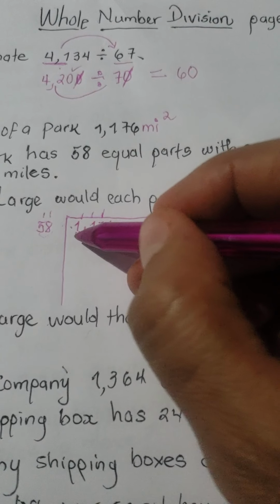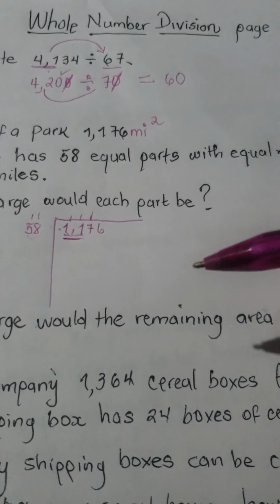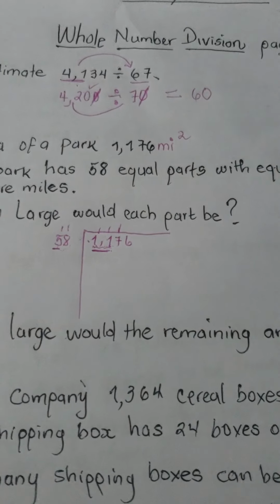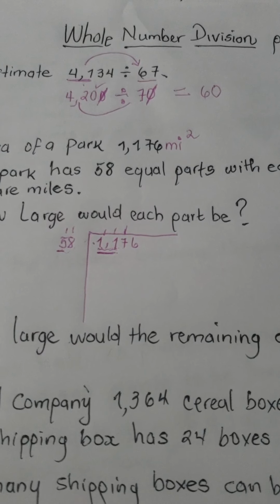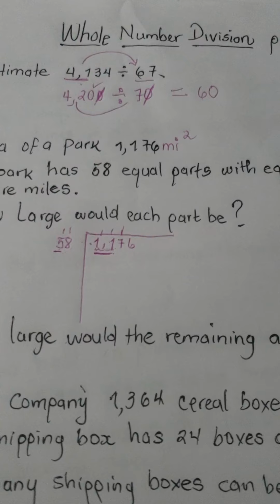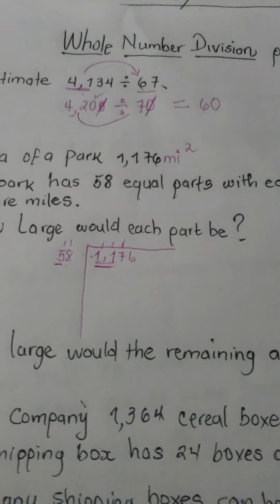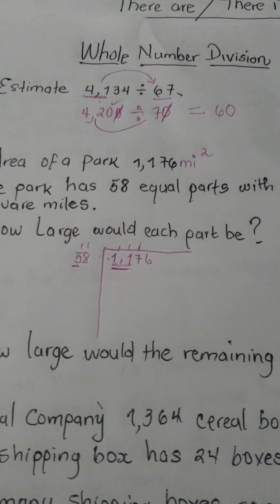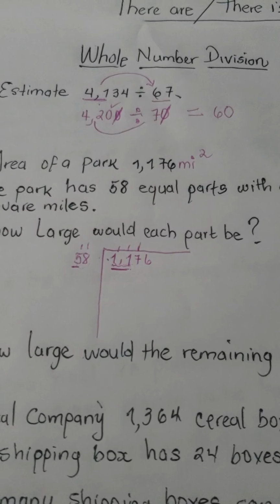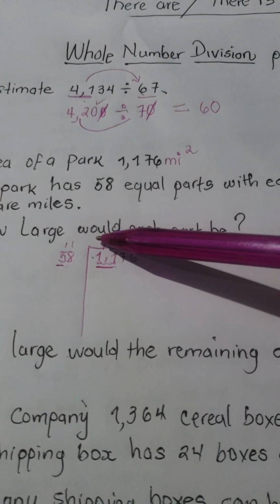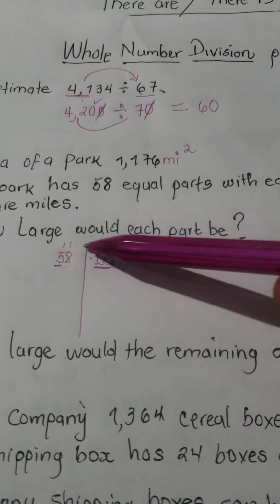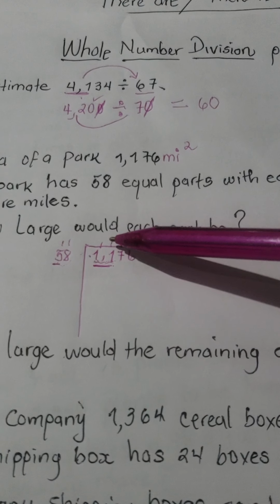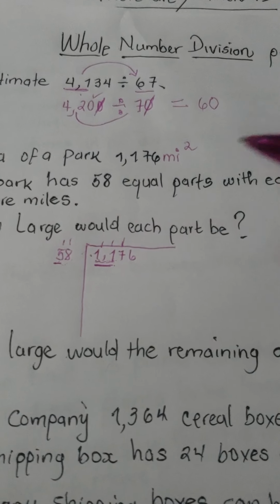So what you do is take these two numbers, 11, and you will find that number in the tens place value of the divisor, which is the number 5. What is the number that you can find here? 11 in the table of 5, that will be 2.